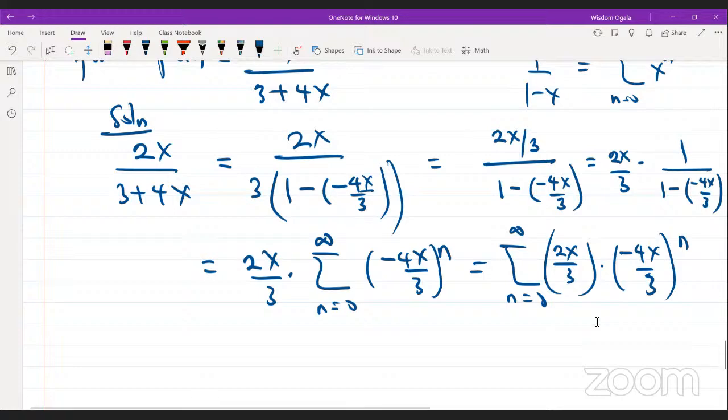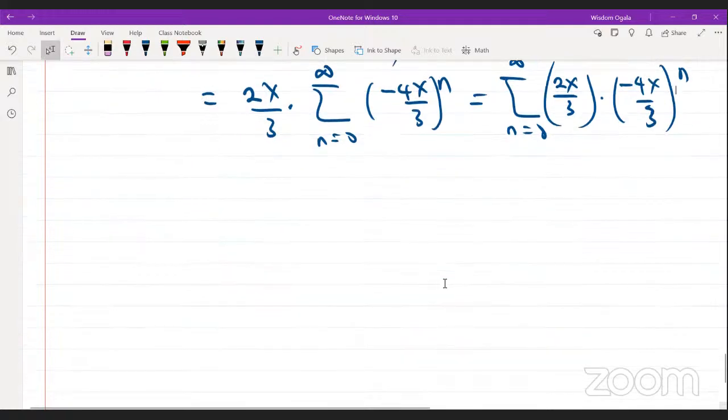Now, we still do some kind of simplification. You got to tidy things up. So don't leave it untidy. So the sum as n goes from 0 to infinity is 2x over 3.